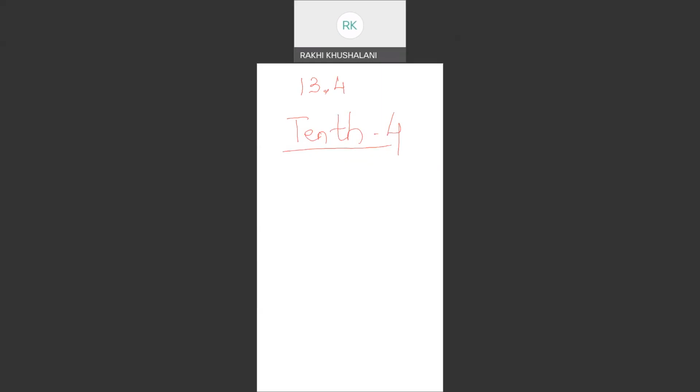You just look at the 10th value, which is 4, which is less than 5. And if it's less than 5, you go to the lower number. That means you let this be as it is. So this is your 13 only. That's it. If this would have been 13.6, तो again आपको 10th value को ही check करना है.